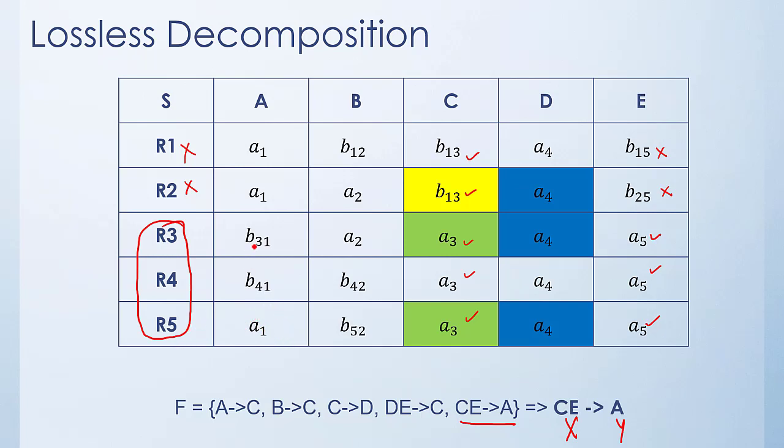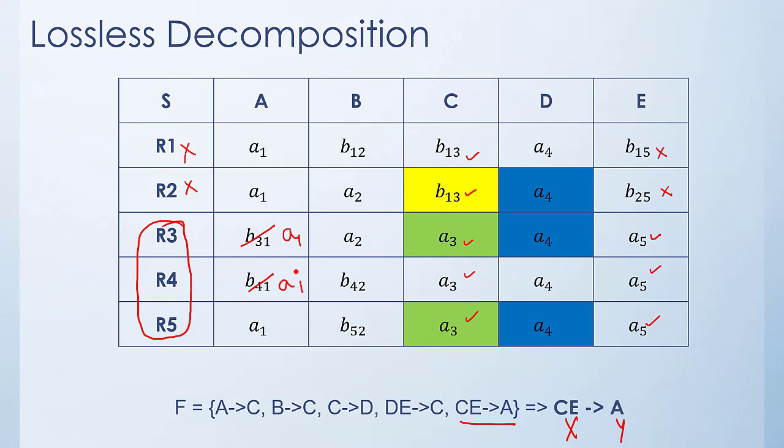So all the symbols for the attribute A for row 3 and row 4 will be replaced by A1. So B31 will be gone and B41 will be gone, and we are going to put A1 and A1 in row 3 and row 4 for the attribute A respectively.